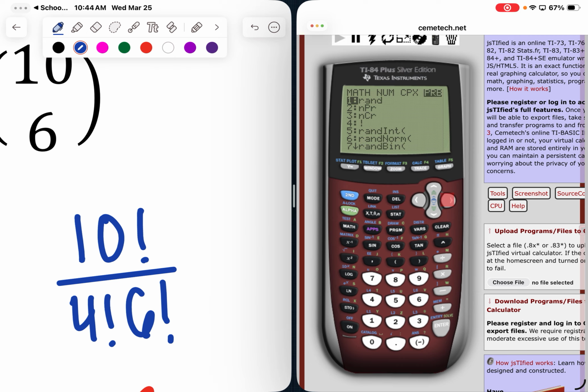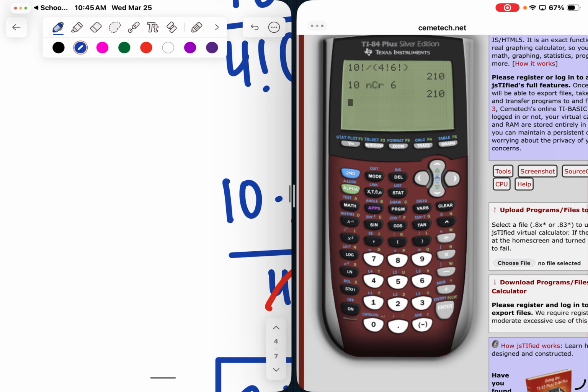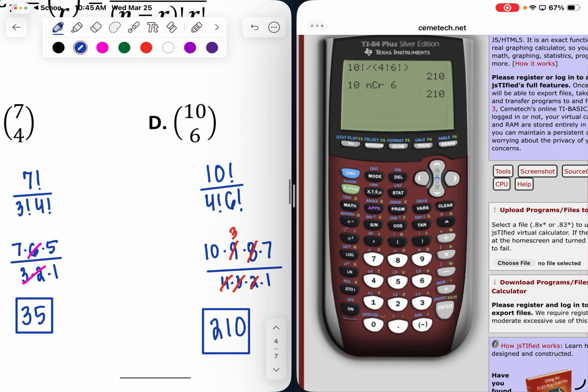Move over to probability, option number 3. So that's going in for the n, and then for the r, which is 6. If you have a newer calculator, it might just let you choose nCr and then type in 10 and 6. So hit enter, and you get 210. I wonder if I can change my calculator on this. I'll discover that later. Okay, so that's 2 ways to do it. Keep that in mind. It's up to you.